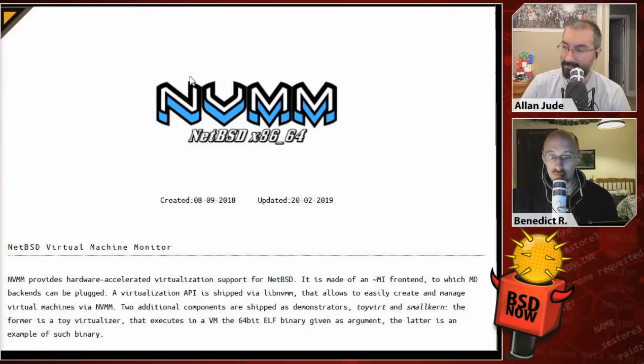Which is interesting because I know there has been talk at various points about trying to do something like that for both vmd and bhyve. Yes, so I guess NetBSD has also entered the virtualization game, not just with Xen, which they had for a long time now, but also now with these 2.